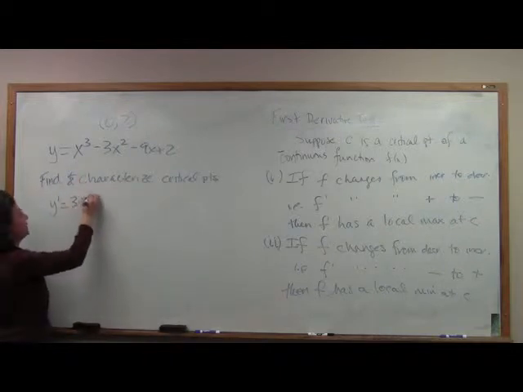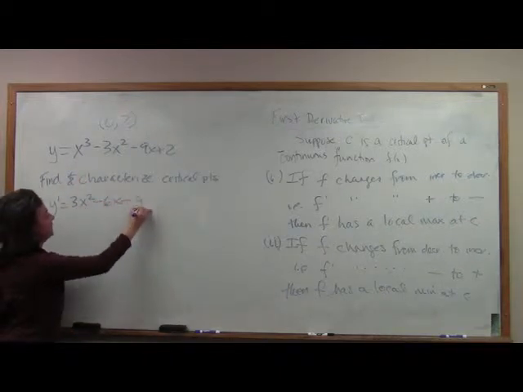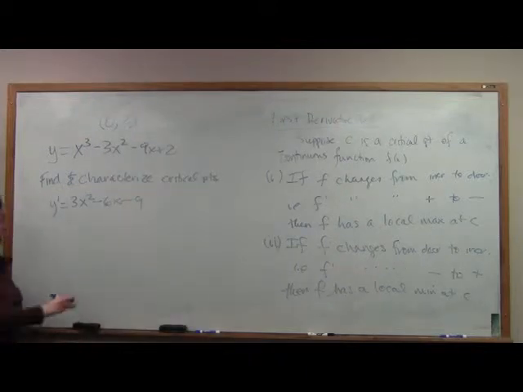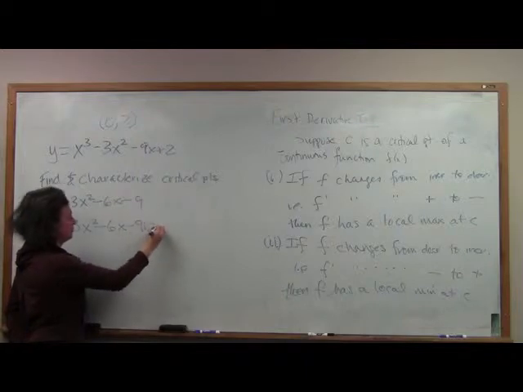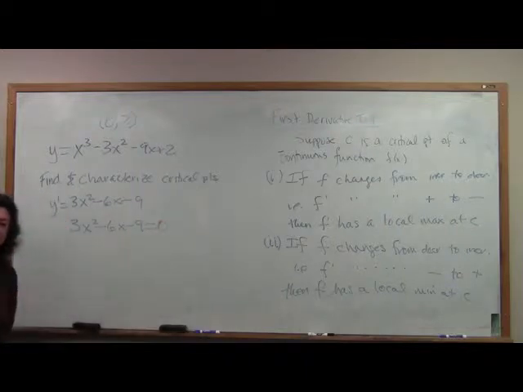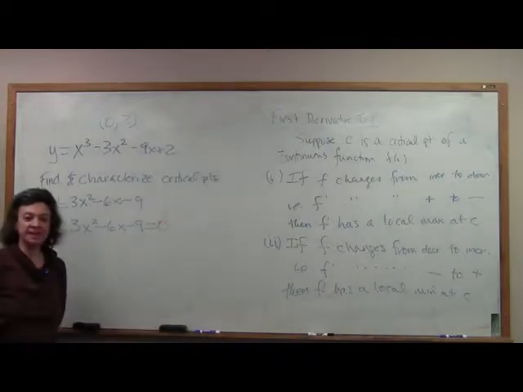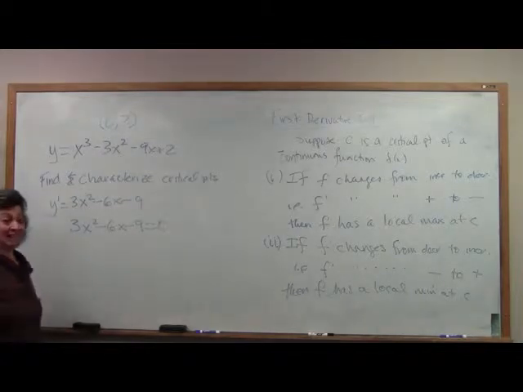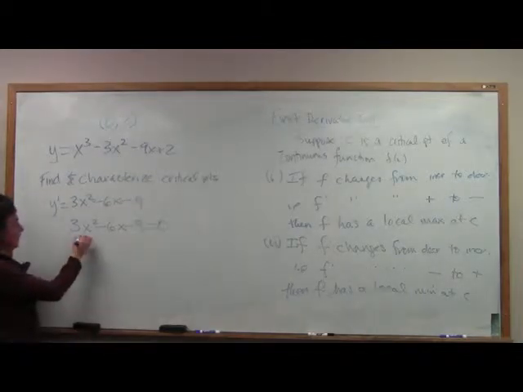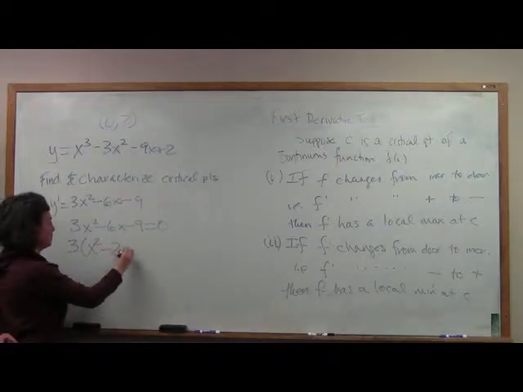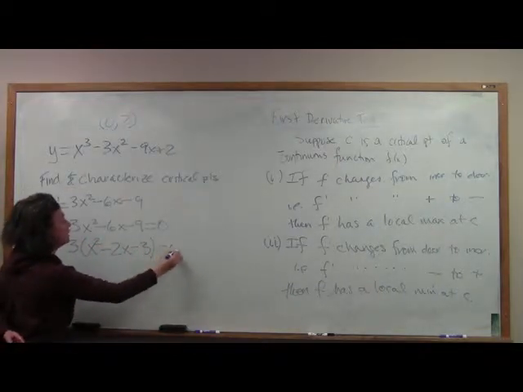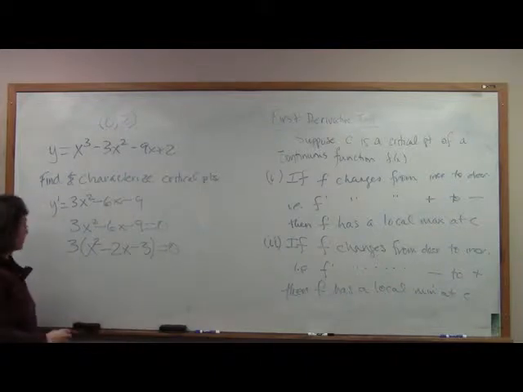We get 3x squared minus 6x minus 9. And then we take that derivative and we set it equal to 0. This is where our factoring comes in. You'll see that factoring comes in a lot in this chapter. Okay, I can certainly pull out a 3, and I'm left with x squared minus 2x minus 3 equals 0.